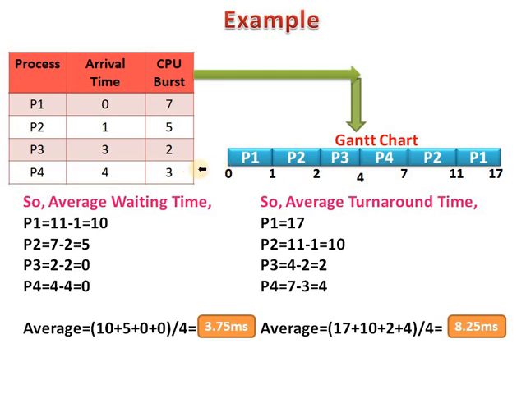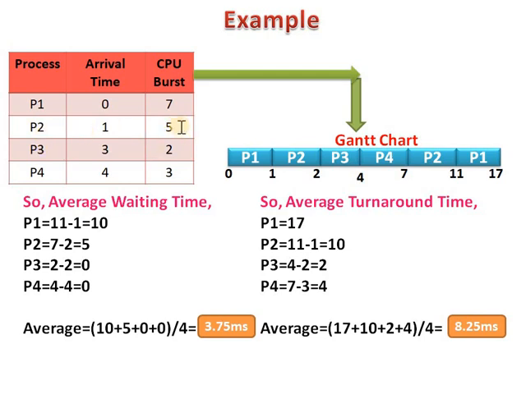See, first, at time 0, in the initial state, process P1 arrives at the CPU. So at time 0 the execution of process P1 is started. But after process P1 has executed for 1 millisecond, another process P2 comes, and that process P2 needs less time for execution.